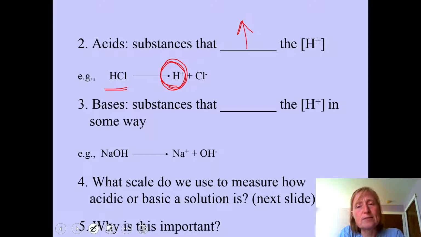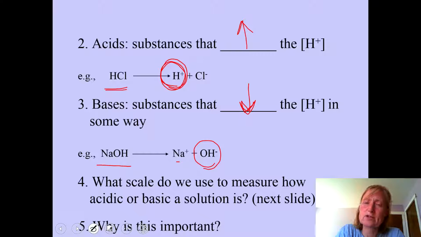Bases are substances that decrease the proton concentration in some way. So they're the opposite. We might talk about a solution as being basic, right? Sodium hydroxide is a very strong base that completely dissociates into sodium ions, but also hydroxide ions. How does sodium hydroxide decrease the proton concentration in water?